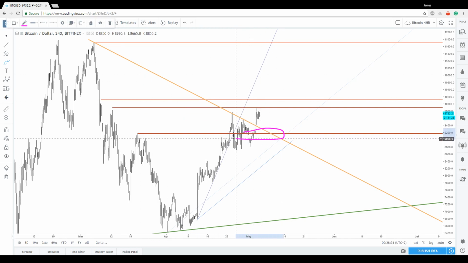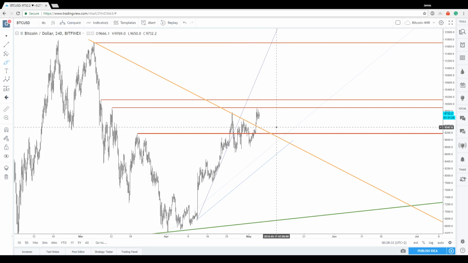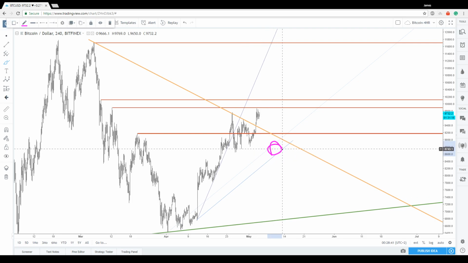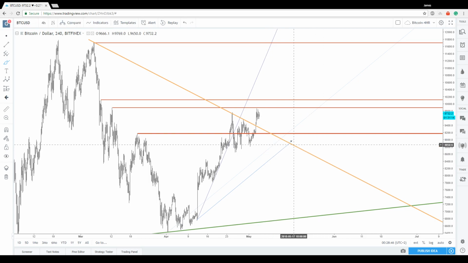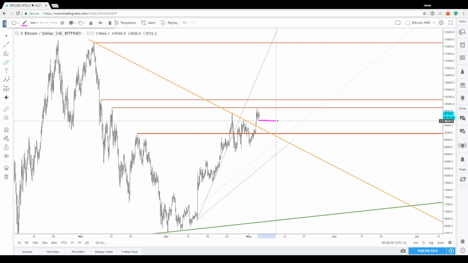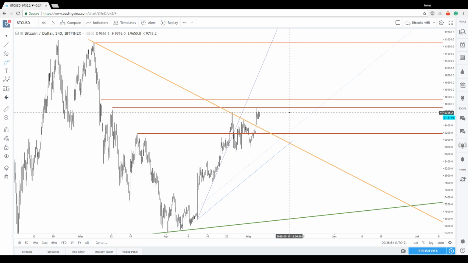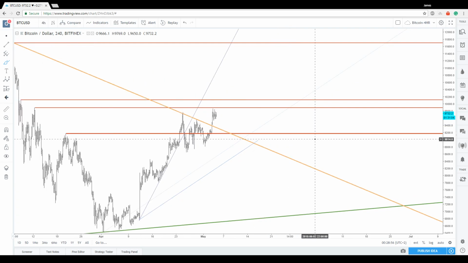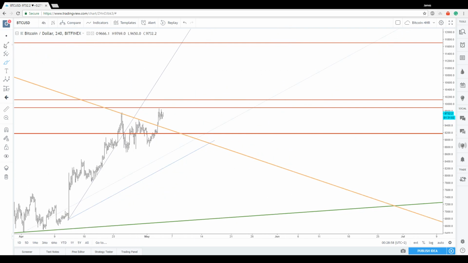If that area gives out, roughly 9,177, 9,200 I think it is on Bitfinex, then we will move down to test the support line right here in roughly the mid to high 8,000 zone, depending on how fast we reach it. That's time and space, which is everything to the right that you see here. As of right now, the market is at a point of indecision.